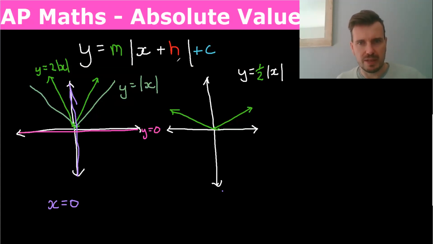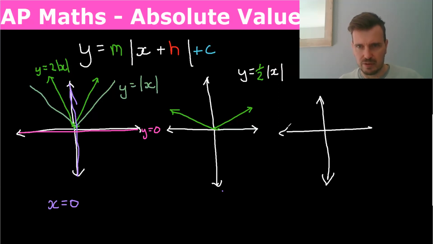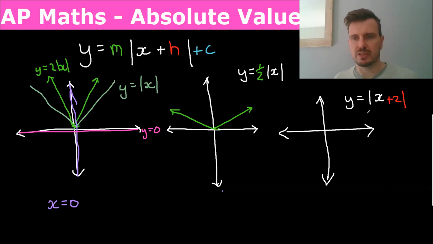Okay, then the plus h. Was that how far it shifted across? Good. So if you have y equals, say, x plus 2, what happens is it shifts the opposite way from what you would think.